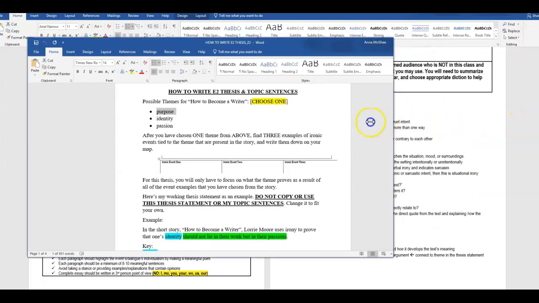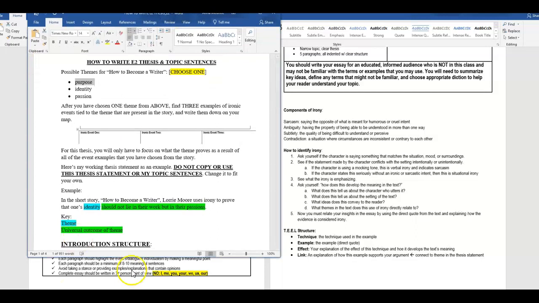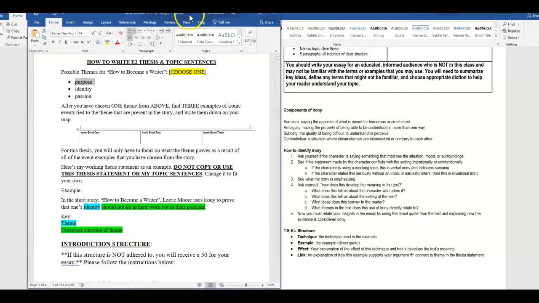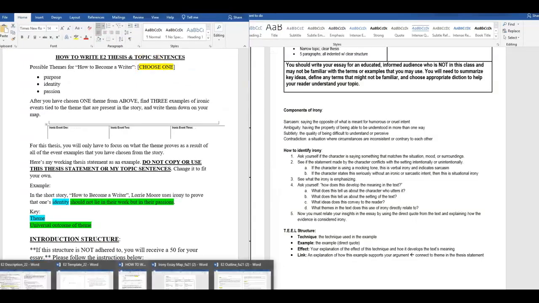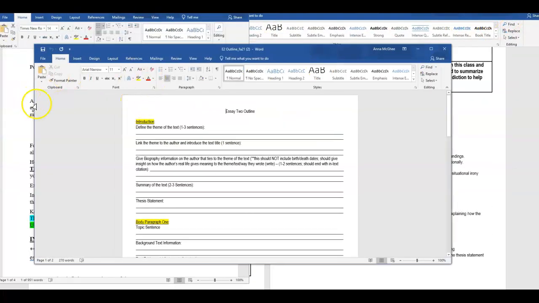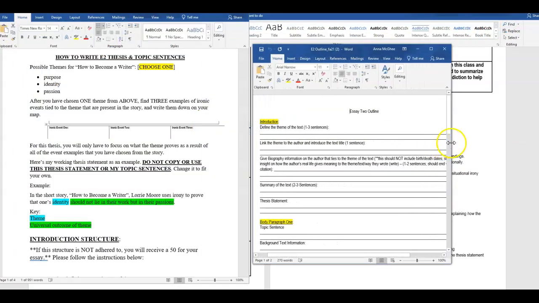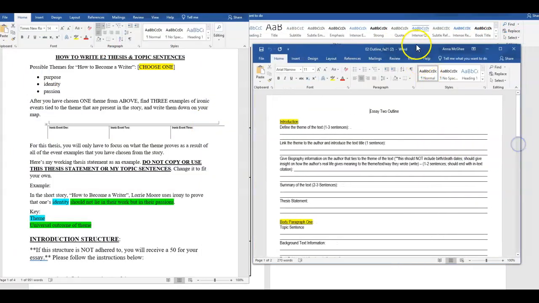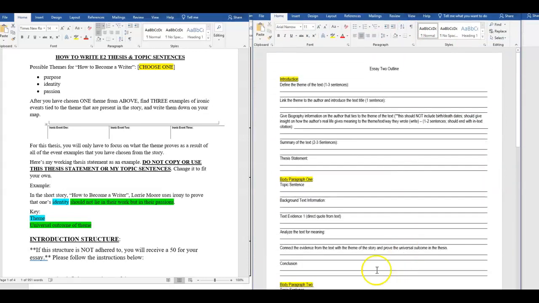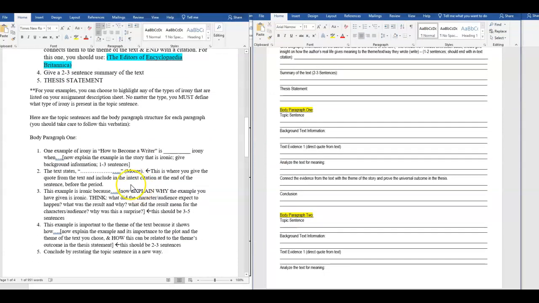I'm going to minimize my screen right here because I want to also pull up the outline and show you how to transfer the information from the outline and how to use the how-to-write document at the same time. If I have both of these up on my screen, your information for a body paragraph should look like this.